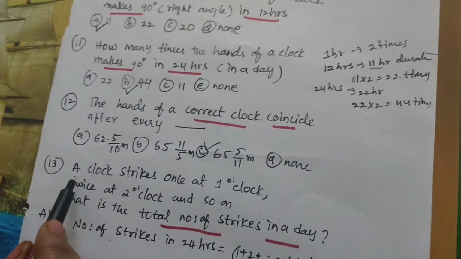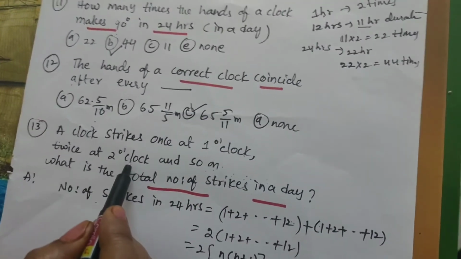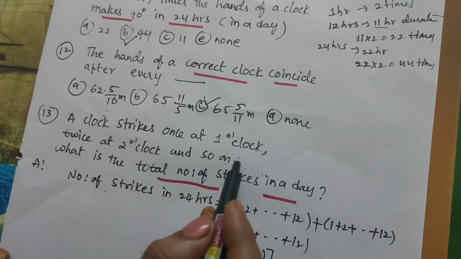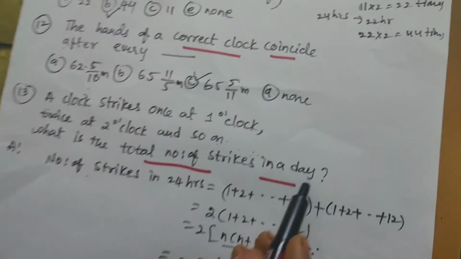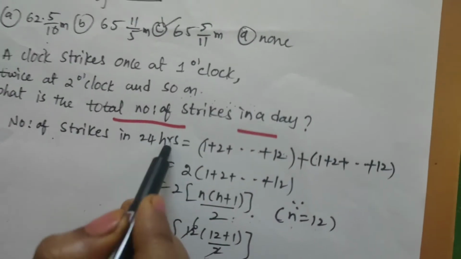Next question: a clock strikes once at 1 o'clock and twice at 2 o'clock, three times at 3 o'clock and so on. What is the total number of strikes in a day? Here we have to calculate the number of strikes in 24 hours.